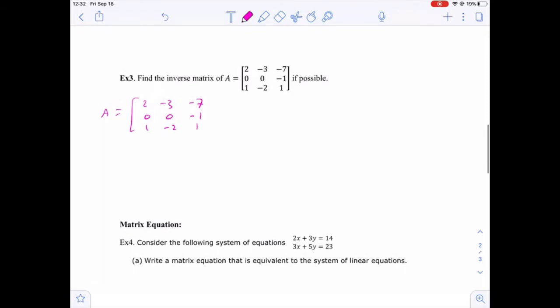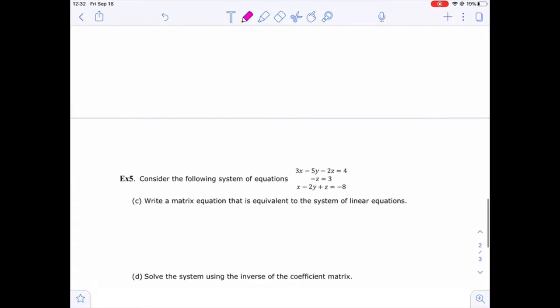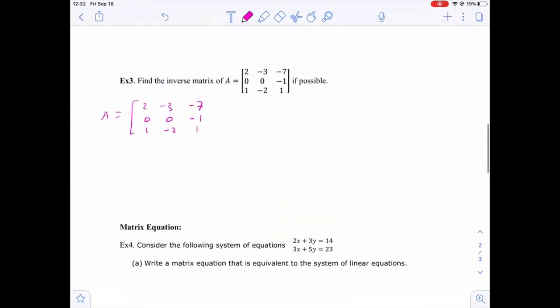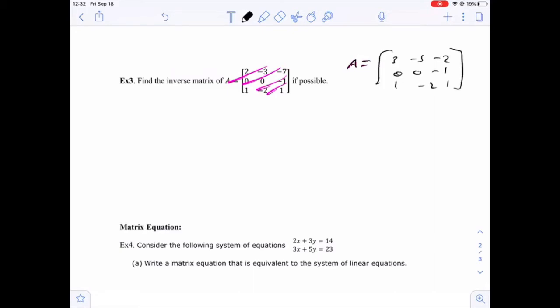Yeah, I'm gonna make some changes on this example so that we can use the same example and invest our time. So I'm gonna change this into the matrix 3, -5, -2, then 0, 0, -1, 1, -2, 1. So I'm just changing the first row.